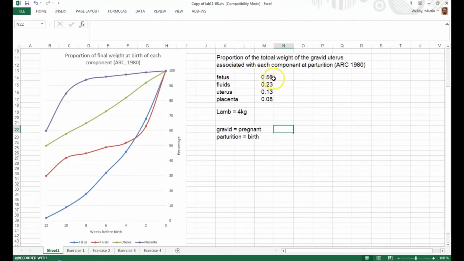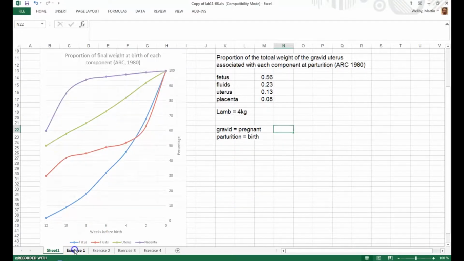So the fetus is about 56% of the total weight, fluids 23%, the uterus 13%, and the placenta 8%. And all this data is for an animal producing a single lamb, and that single lamb is 4 kilograms. And I'll just put in here that gravid equals pregnant, parturition equals birth.